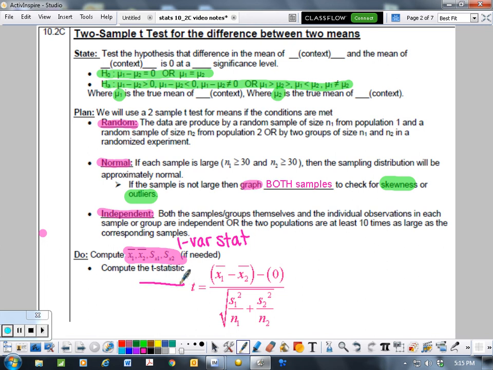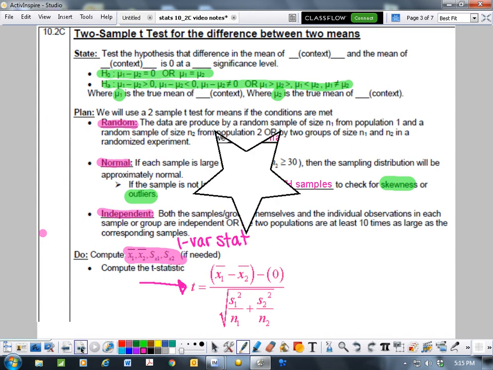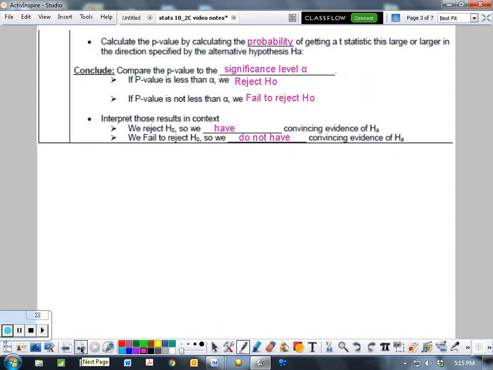So we calculate this, and once we calculate that t-score, then we have to get the probability of getting that. So then we calculate a p-value, and we do that with tcdf. And do not forget using your degrees of freedom: the smaller sample size minus 1. And then you compare that to your significance level alpha.